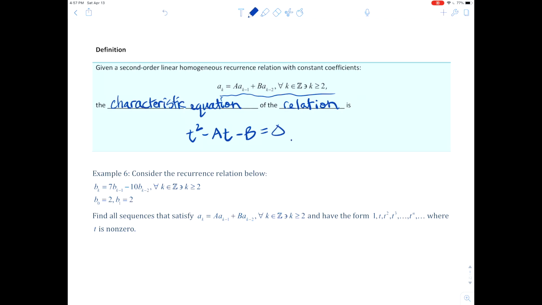All right? So that officially has a name of the characteristic equation of the relation.